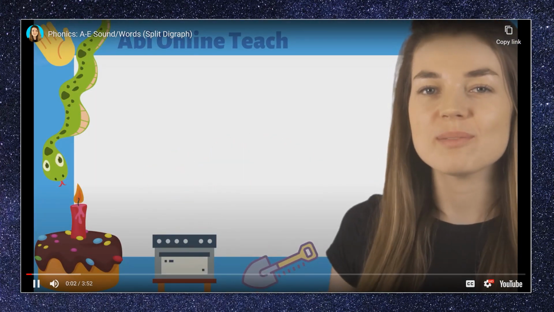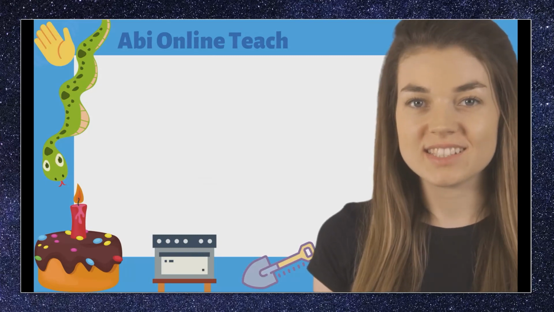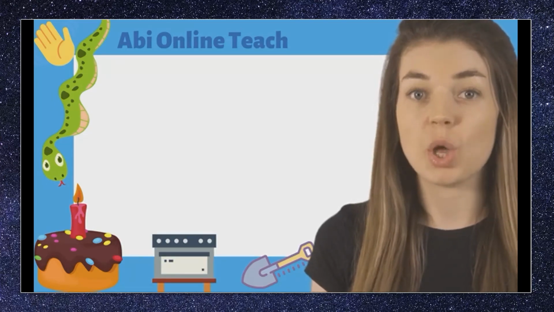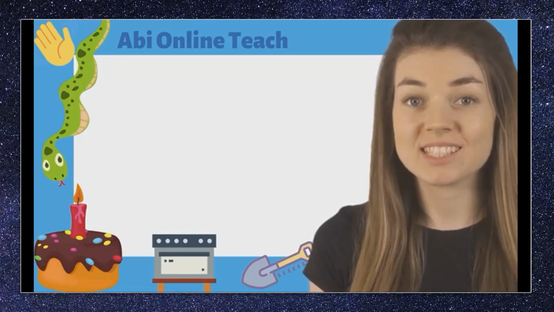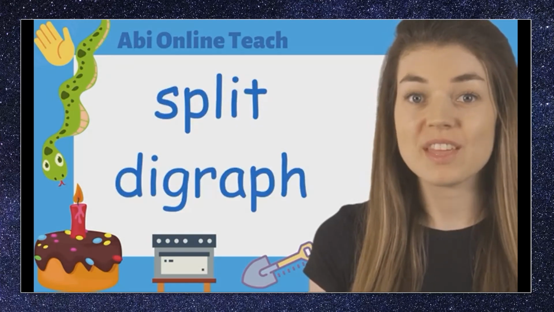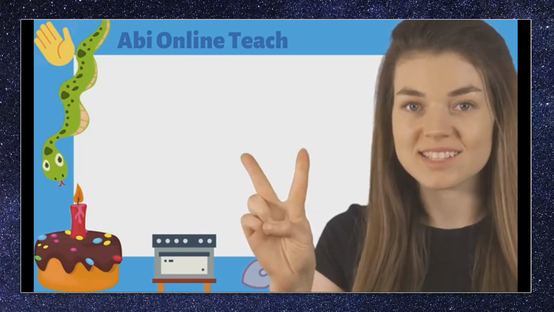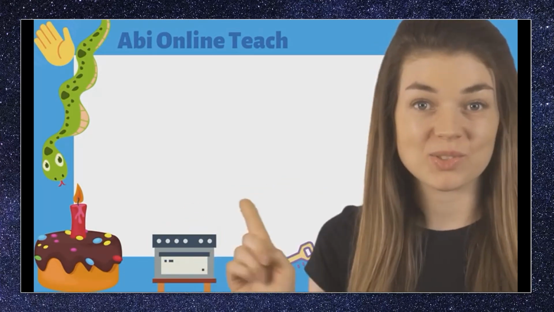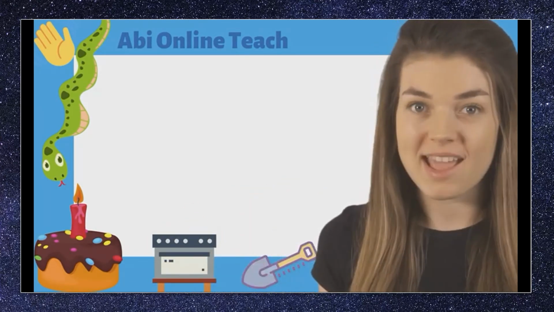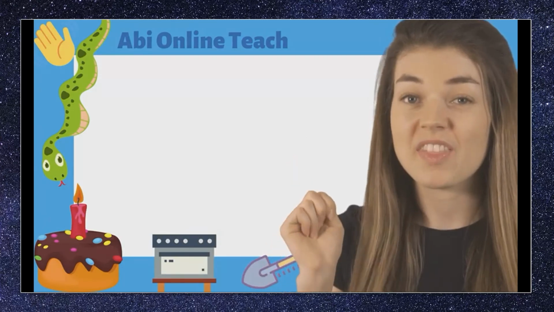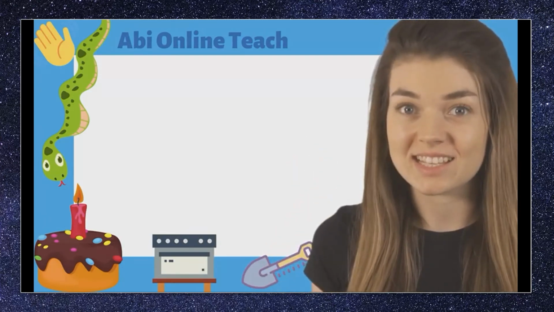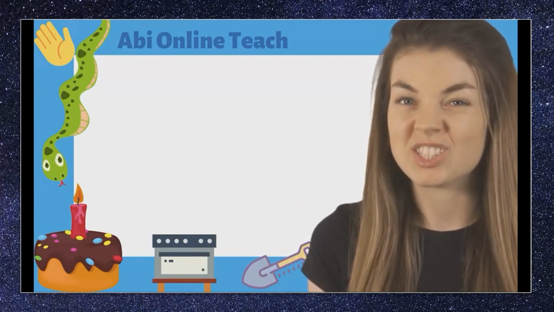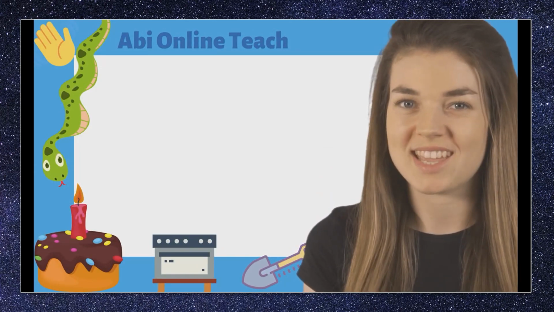Hello! Welcome to Abby's Phonics. Today we are going to be learning a new sound. It is a split digraph. This means there are two letters, however they're very naughty letters, so they don't sit next to each other, but they still make one sound. And there is one letter that sits in between them to stop them from being so naughty.